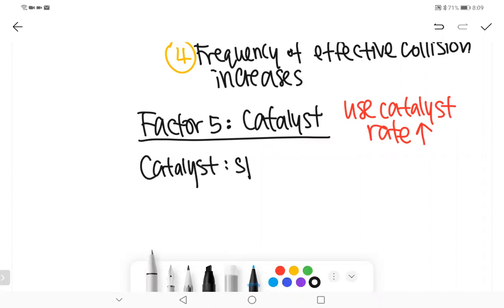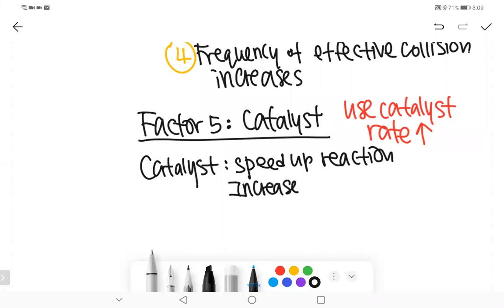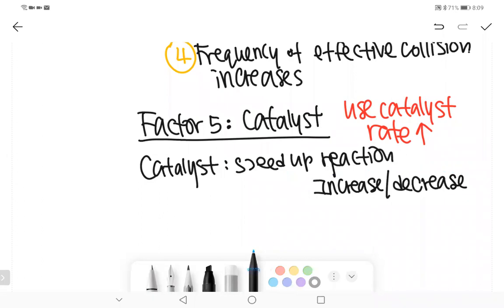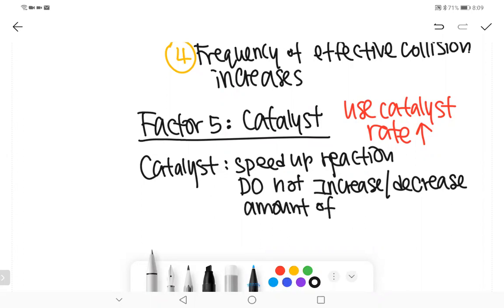But catalysts do not increase or decrease the amount of product, which means that before you add catalyst, you produce 1 kilogram of product.